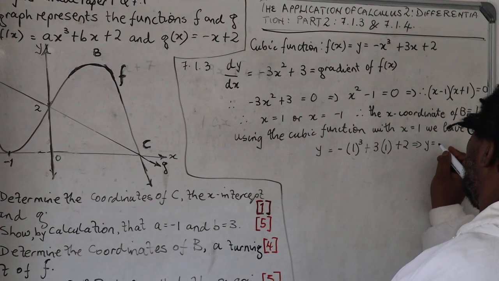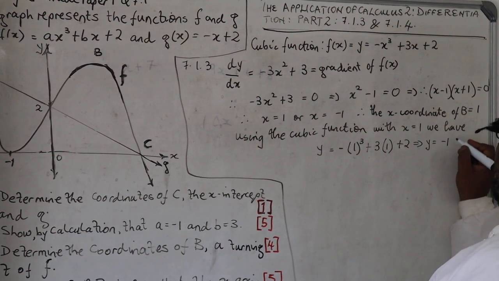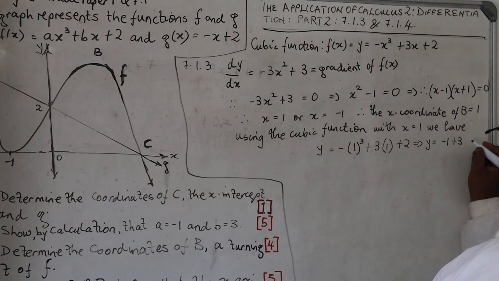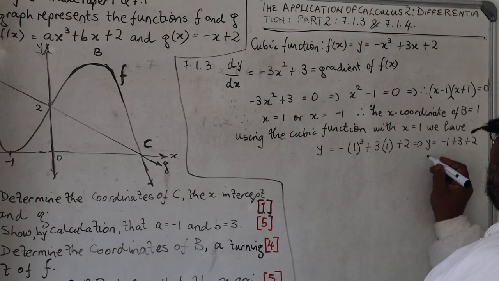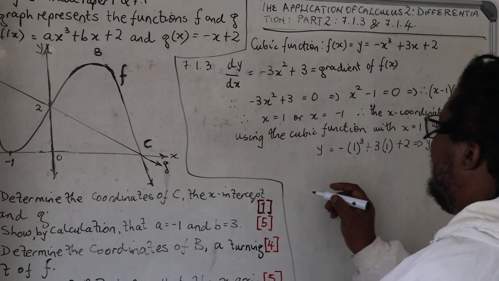That gives us y is equal to minus 1 plus 3 plus 2, which is equal to 4.